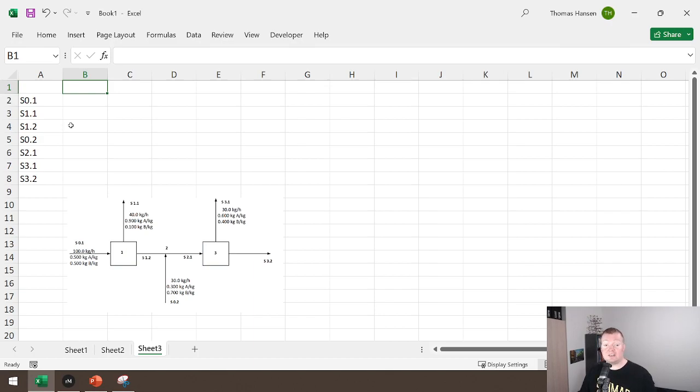In this case, we actually only have two components. So we have percentage of A, percentage of B, total mass, A and B. So if we look at stream, actually I'm just gonna here say one minus the other.